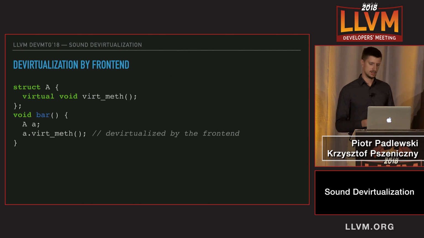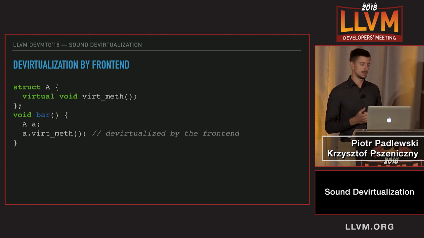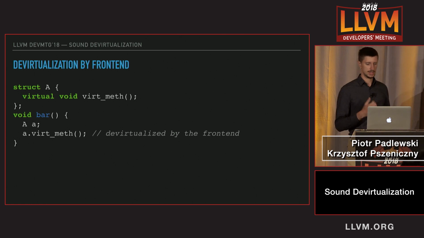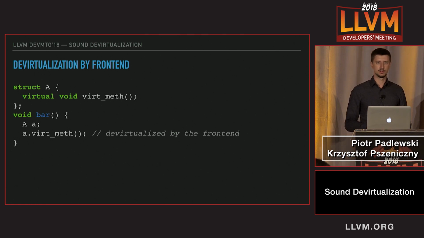Okay, so let me tell you firstly about some of the optimizations that are currently done and that are pretty easy to handle. So for example, a case like this is trivial to devirtualize in the front end because we know the concrete type, so the front end will just change it to a direct call.